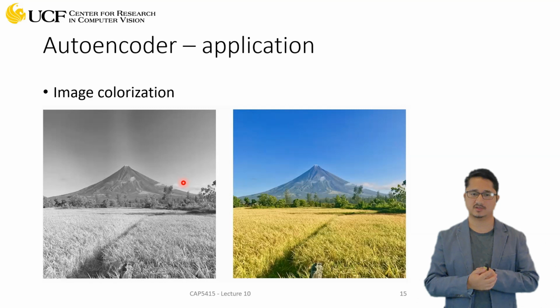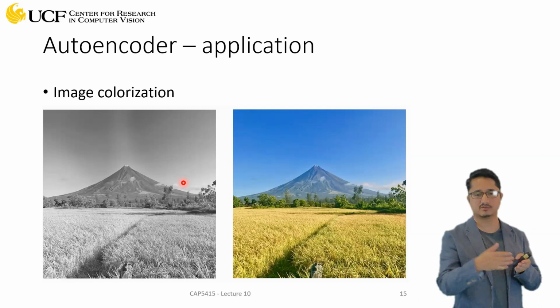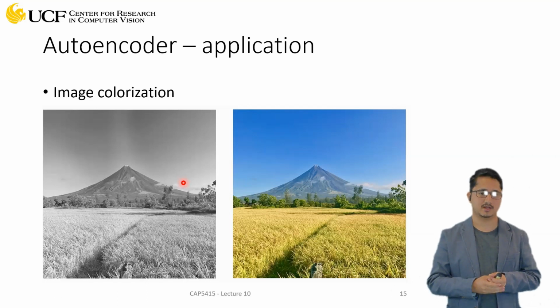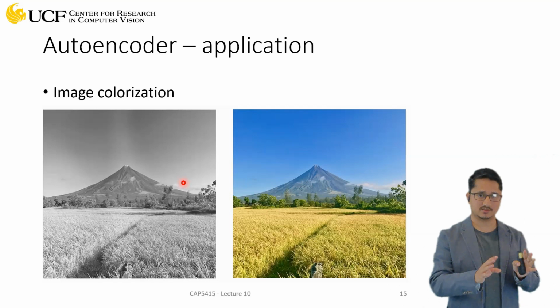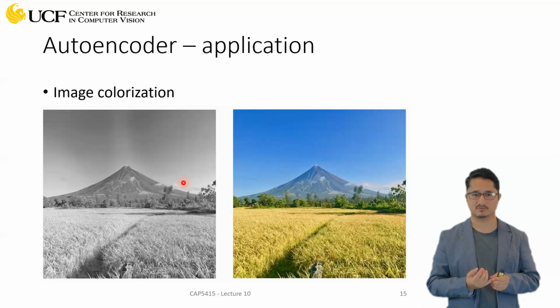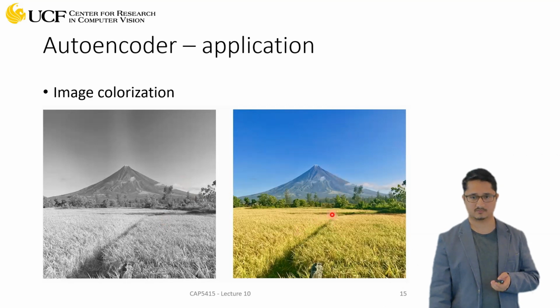So what that network is doing is taking in a grayscale image and creating a colored image. And because you have the ground truth, you can easily train it using a lot of samples. At the end, when that network is trained, you can take out your photos from, let's say, the 80s or 90s, when we didn't have colors, and just pass that image to that network and it will color that image for you.